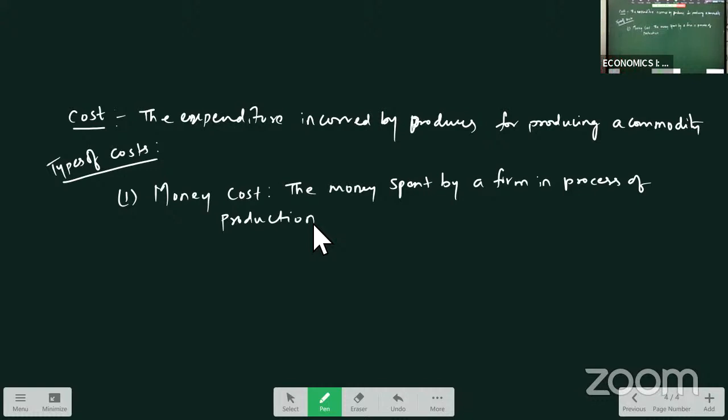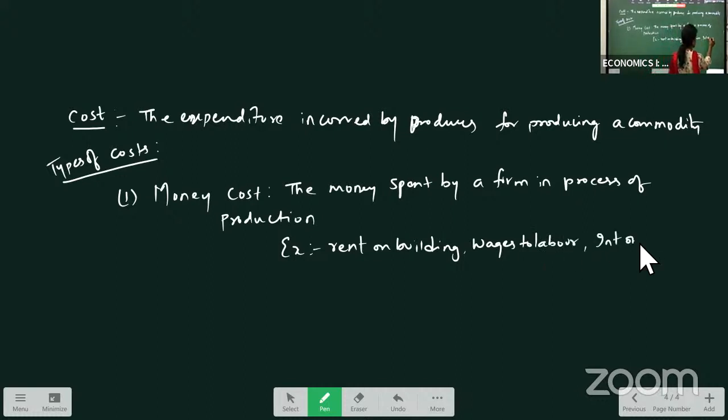These costs will be in the form of, for example, rent on building, wages to labor, interest on capital. These all come under your money cost. See, what is money cost here?